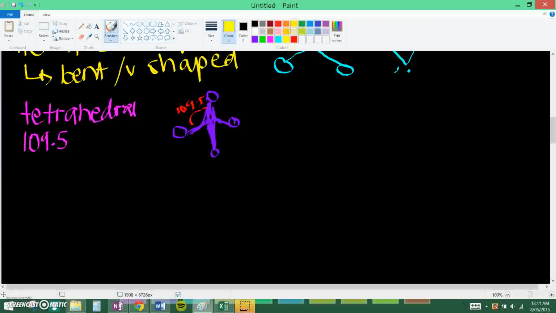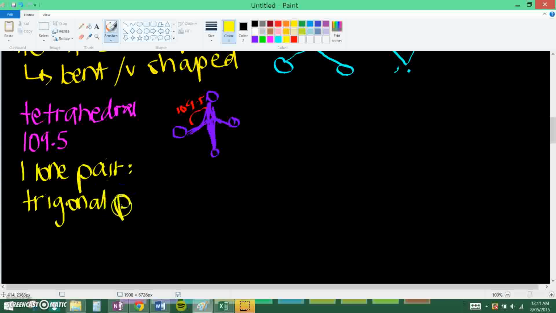With one lone pair, it becomes a trigonal pyramidal shape, and this means that it has a 107 degree bond angle.